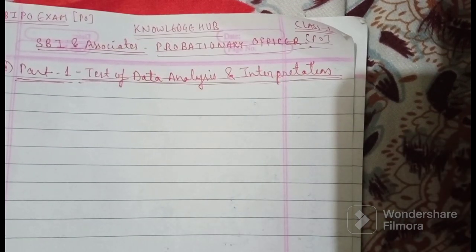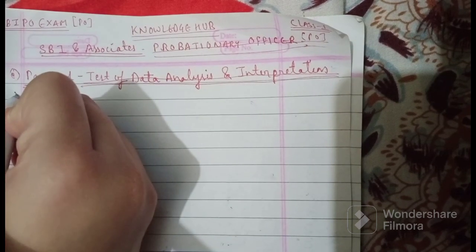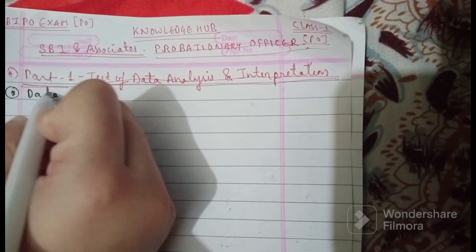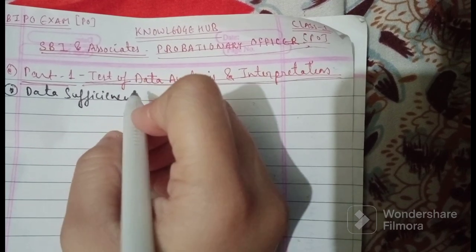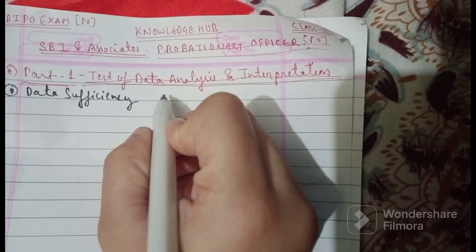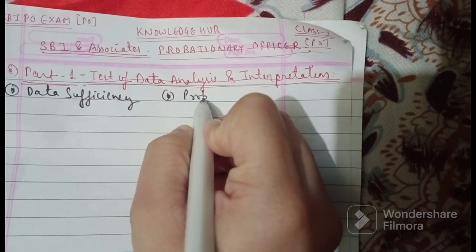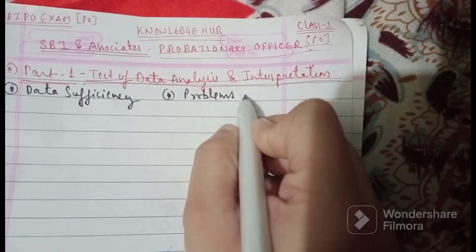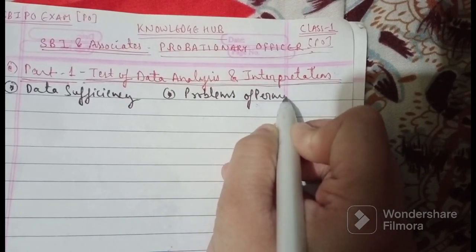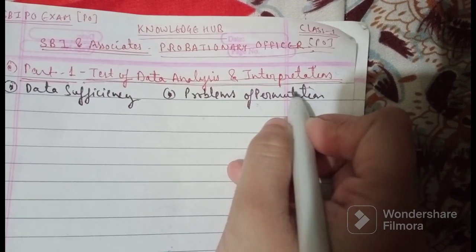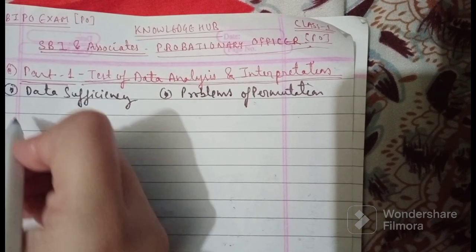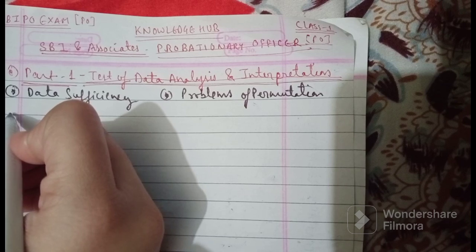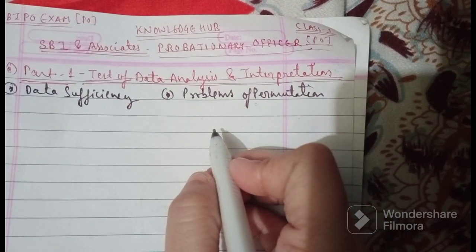In this we'll discuss data sufficiency, and problems of permutation, combination and probability.